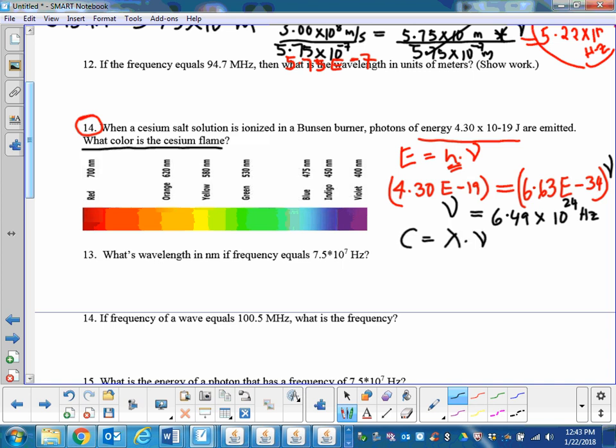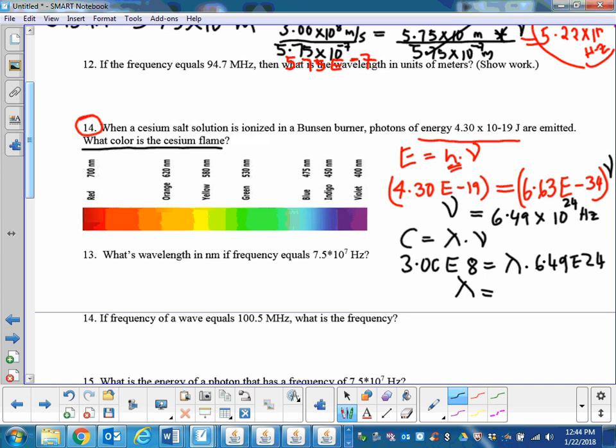What is the value of c? 3.00 times 10 to the 8. I don't know my lambda. What's my frequency? 6.49 E24, right? What is my wavelength?